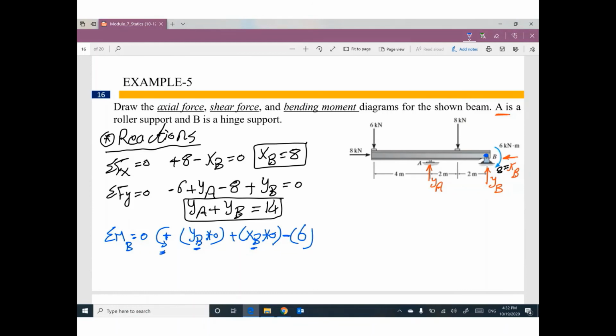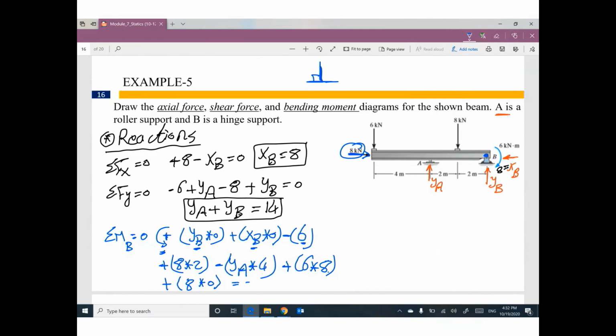This moment does not need distance, so I will not multiply this 6 by any distance. Plus 8 times 2, negative YA times 4, plus 6 times 8, plus 8 times 0. Remember, your force and your distance must be perpendicular. This force is horizontal, so we don't have vertical distance between this force and point B.